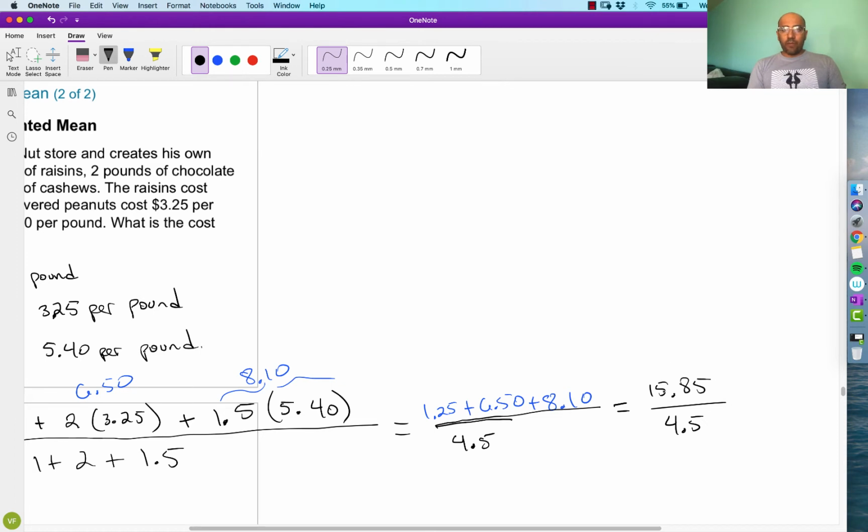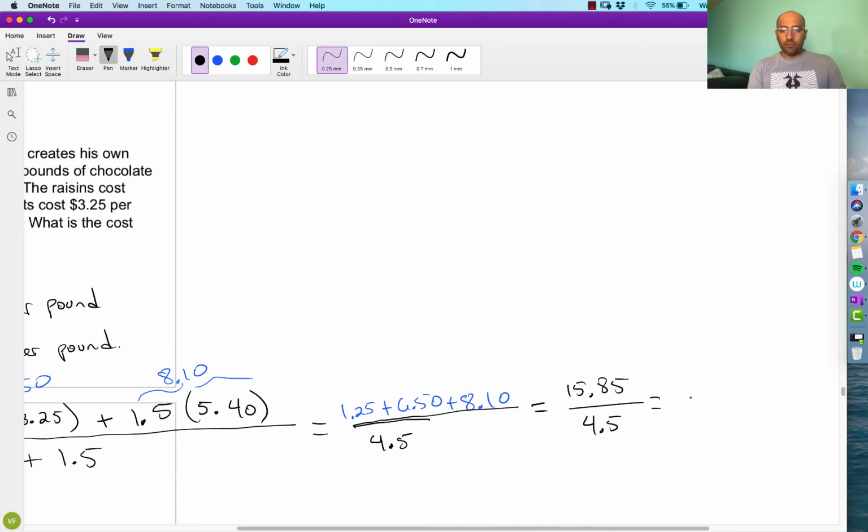Good. This is like what you pay at the register, and you ended up with 4.5 pounds of the mixed, and they asked you for the price per pound, so you divide these two things together, and we get 15.85 divided by 4.5. I'm getting 3.52, and this is dollars per pound.